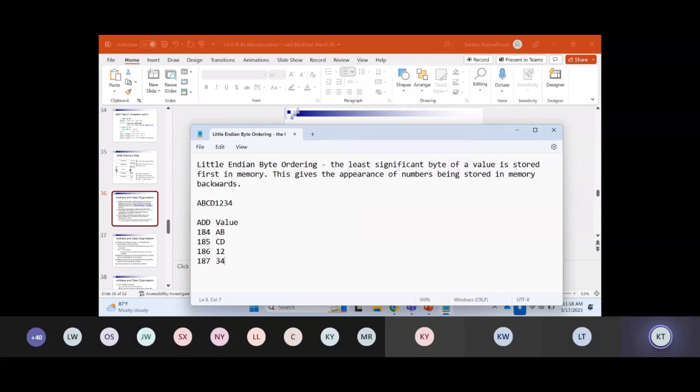We will cover Little Endian byte ordering, where it gives an appearance of the numbers being stored in memory backwards. Meaning that I store the values starting from the least significant byte, so I start at 34, 12, CD, AB.